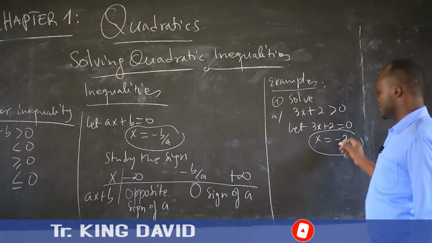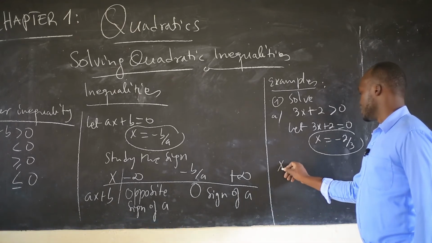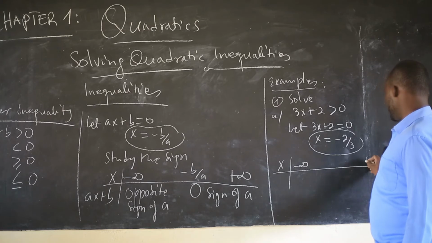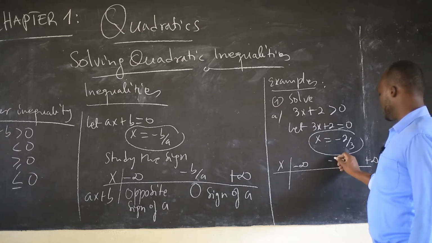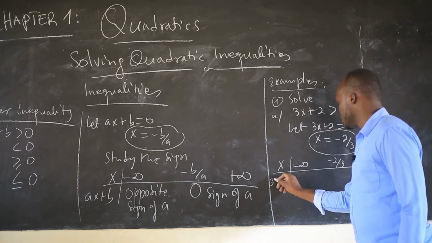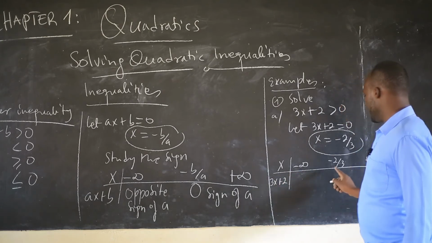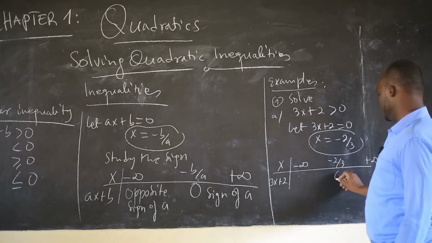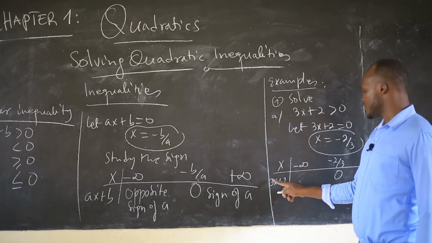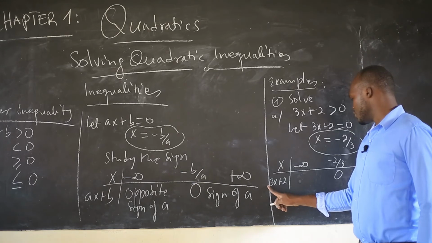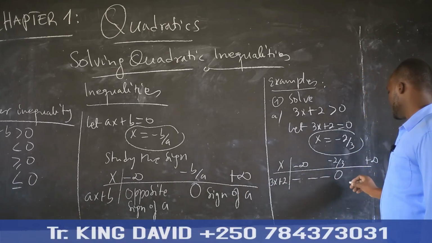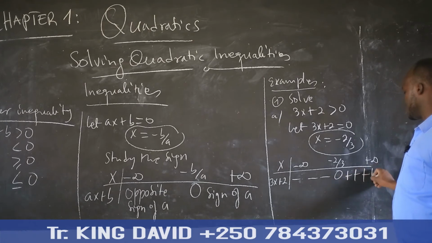Immediately I study the sign, from negative infinity to positive infinity. I have negative 2 over 3. My expression is 3x plus 2. When I bring this value there, I get 0. Now I put here the opposite sign of a. A is the coefficient of x. It is positive, so since its opposite sign is negative, I put negative here. Here it is its sign, which is positive.